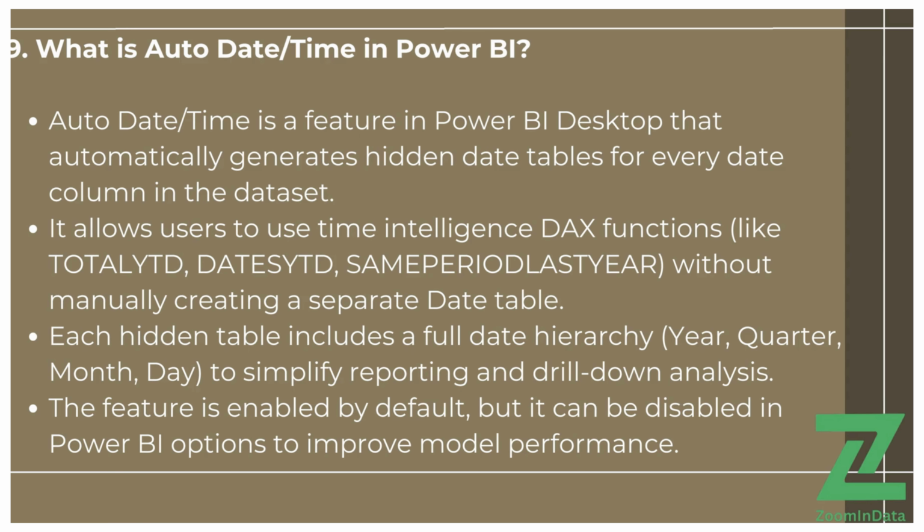Each hidden table includes a full date hierarchy, year, quarter, month, day, to simplify reporting and drill down analysis. The feature is enabled by default, but it can be disabled in Power BI options to improve model performance.